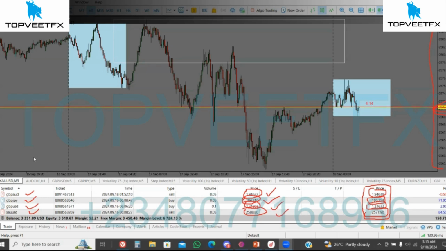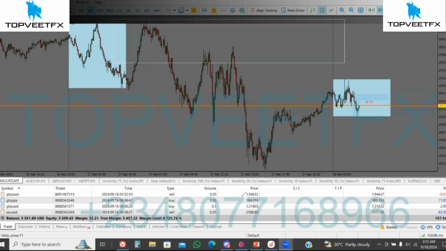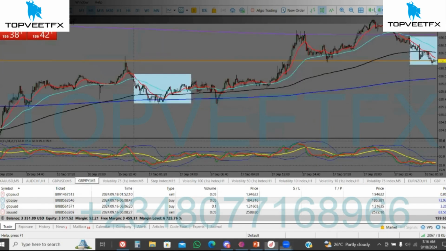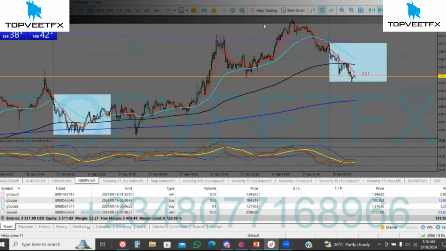Now, let's look at it here. This is, for example, gold, but let me not talk about gold here. Let me first talk about the cross pairs, basic pairs and JPY pairs. Look at this JPY pair.